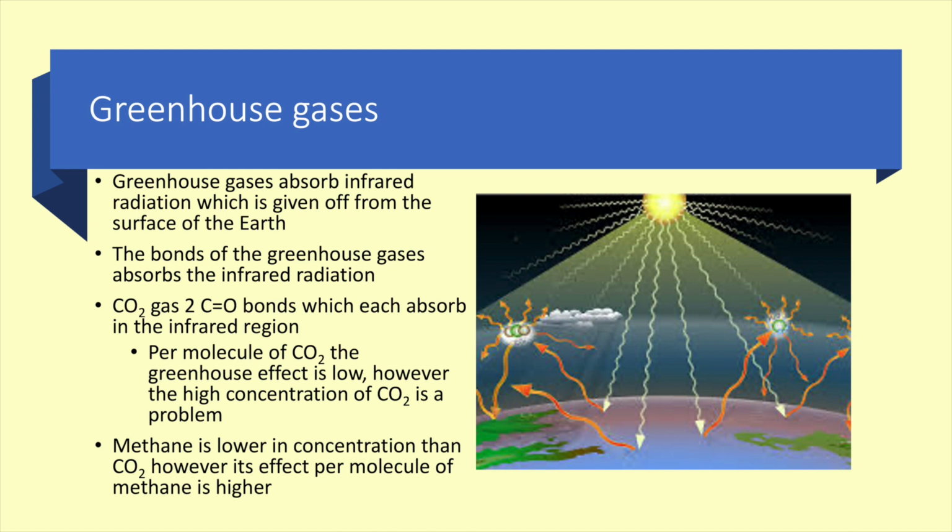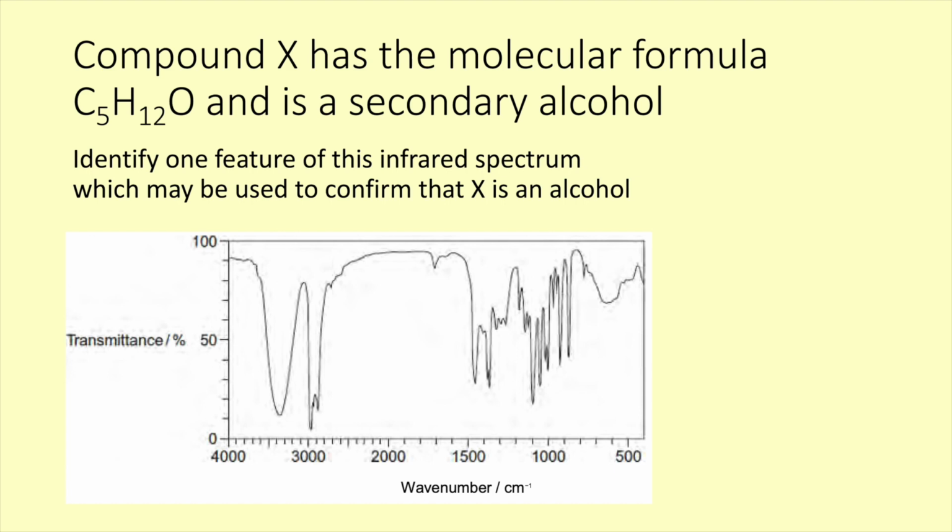Water is again quite a powerful greenhouse gas, in that per molecule it has quite a high effect, but the concentration of water molecules in the atmosphere obviously varies, and so direct comparison isn't as easy. So a few questions now to look at.